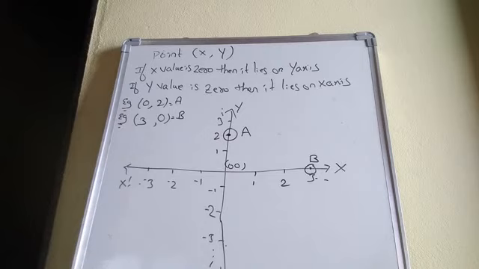Okay students, in this video we have learned how to identify a point which lies in the coordinate plane, which kind of point lies on the axis and which kind lies in the quadrants. This video will help you identify where points lie in a plane, either on the quadrants or on the axis.